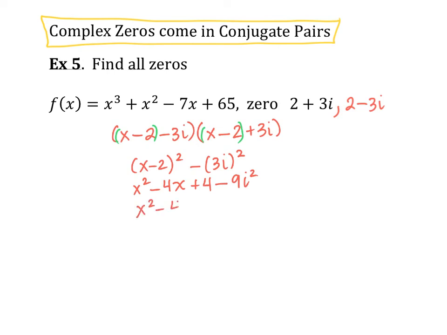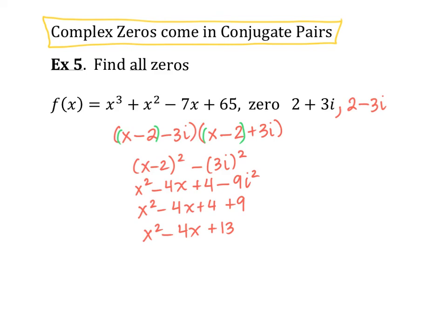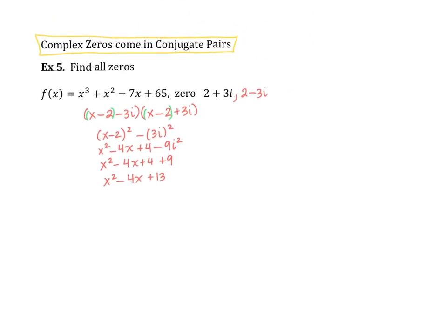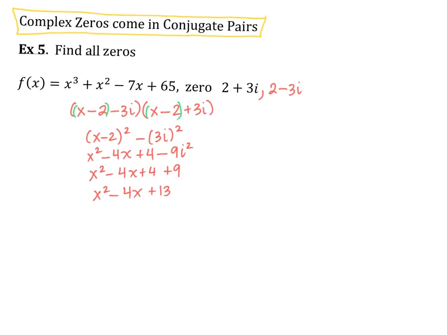So this is x squared minus 4x plus 4 plus 9, which is x squared minus 4x plus 13. If I wanted to double check, I could always solve the equation and see if it works. Now that I have the polynomial that I know is going to give a 0, I'm going to use long division to get the remaining 0. Let's set up my long division problem.